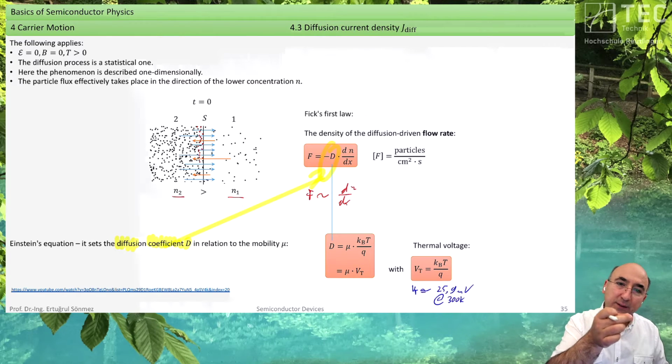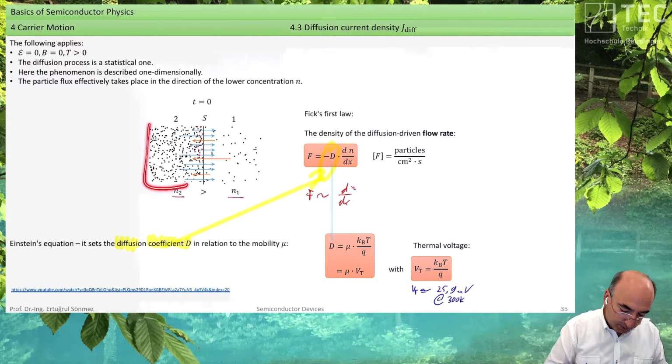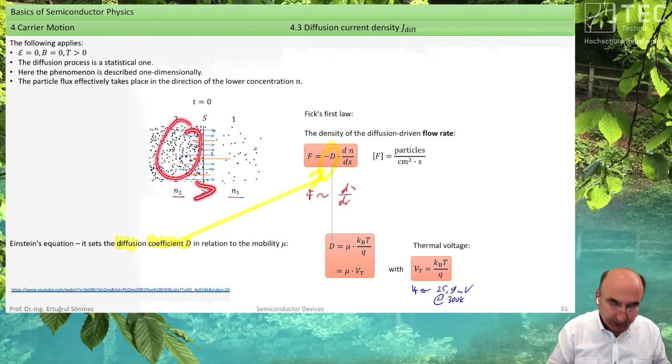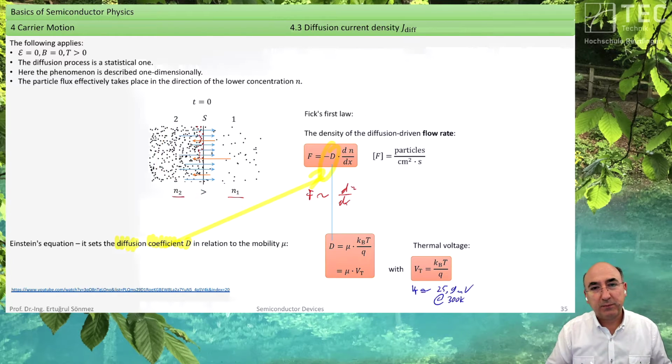And these particles increase the concentration. We will think about this concentration difference in a diode later. So this is the starting point of how a PN junction diode will work. Okay?